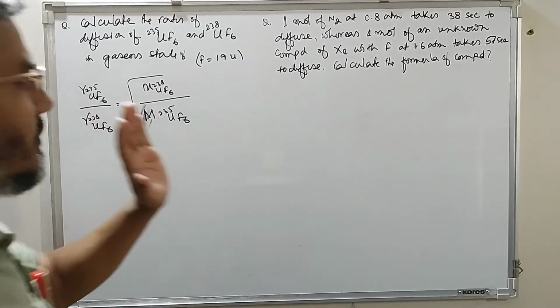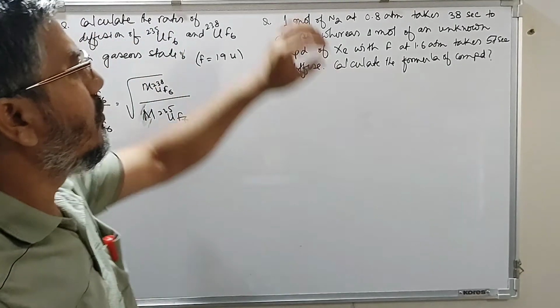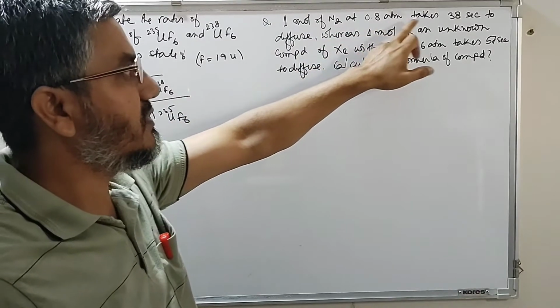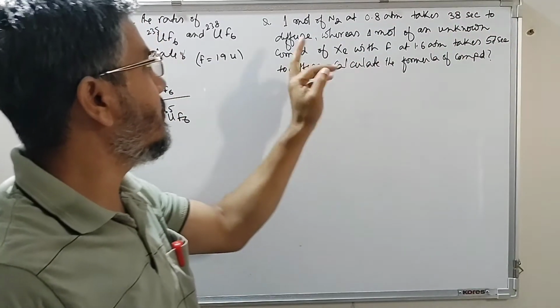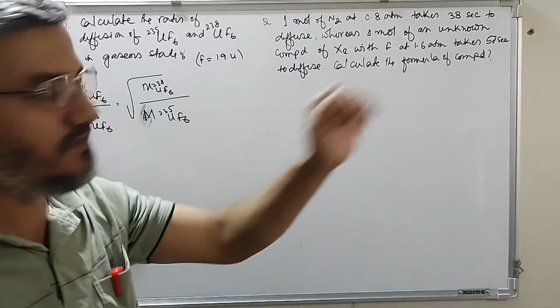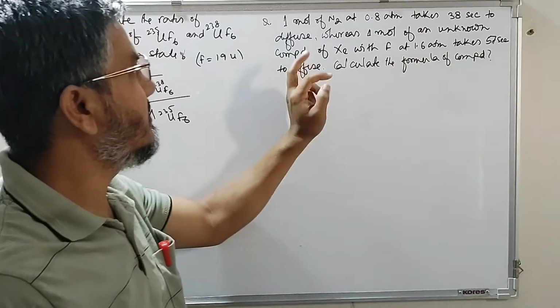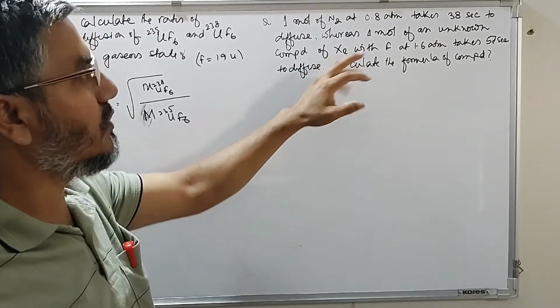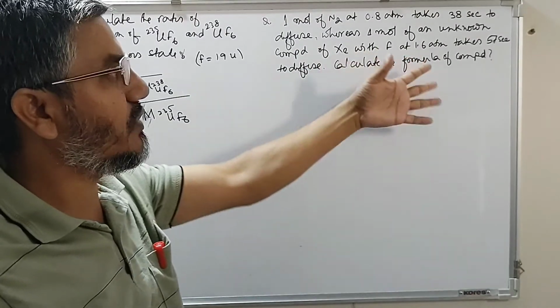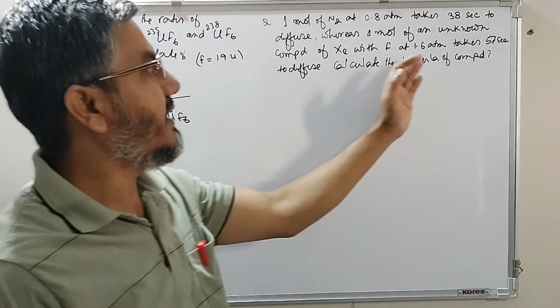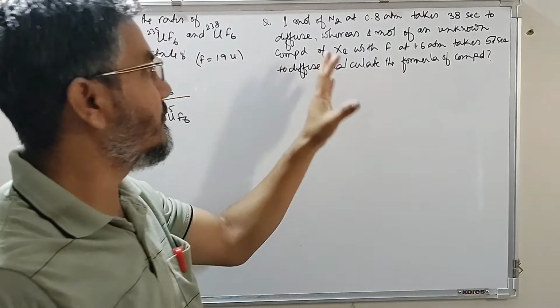So let's look at this question. 1 mole of nitrogen at 0.8 atm takes 38 seconds to diffuse through a small aperture, whereas 1 mole of an unknown gas, a compound of xenon with fluorine, at 1.6 atm takes 57 seconds to diffuse.